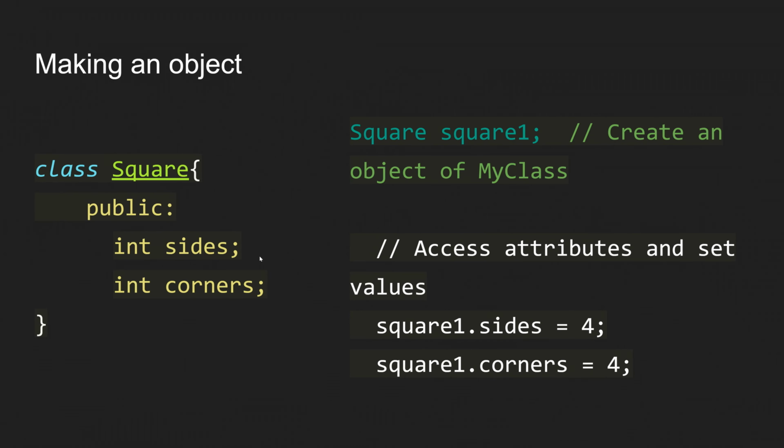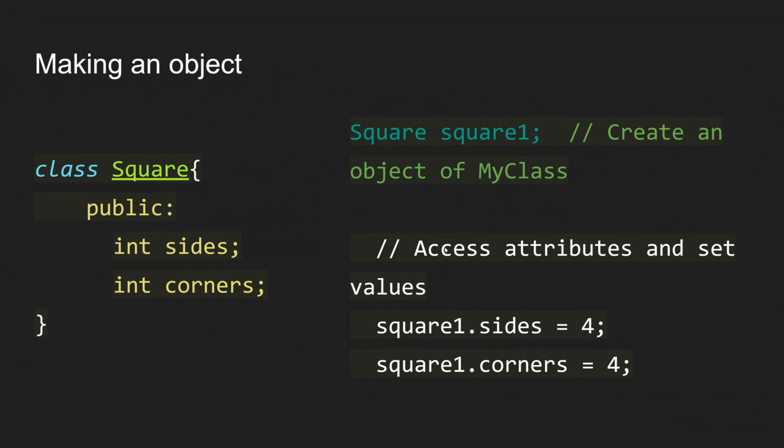In code, what does that look like? Here we have our class square with public scope, where we have the sides and corners. Those are attributes here. And this is our class, where we define how to make the thing. Then you'll have the actual creation of your object. So we say the class name, square. Then we give our object its own identifier, in this case, square1.